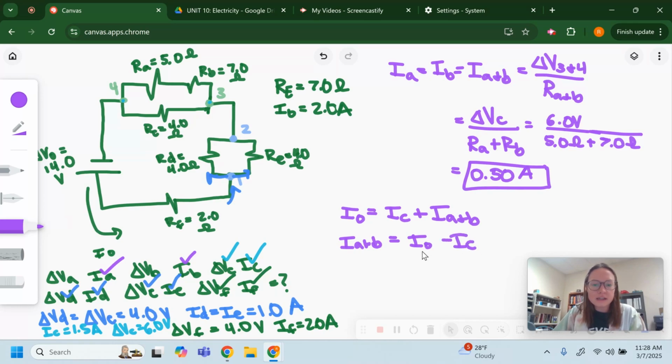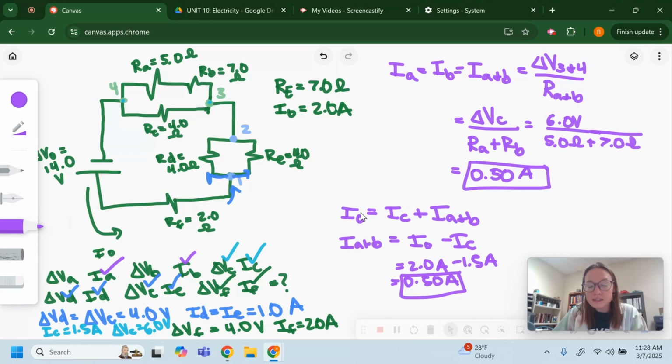The current that is I naught, we already know, is 2.0 amps. The current that goes through C is 1.5 amps. And so I'm left with, here, 0.50 amps.